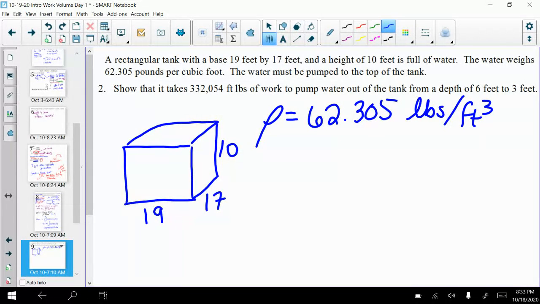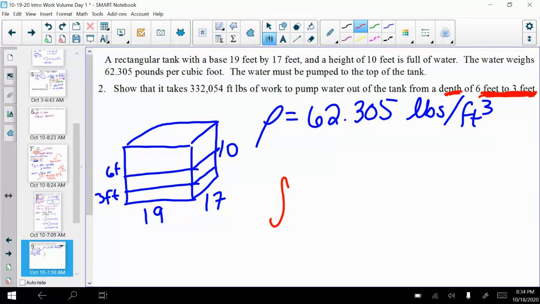And this time we want to go from 6 feet to 3 feet. So it's the same idea. All that has happened to us is they have changed our limits of integration. So these depths are telling us our limits of integration. So work is force times distance.